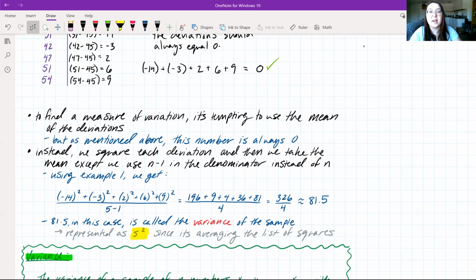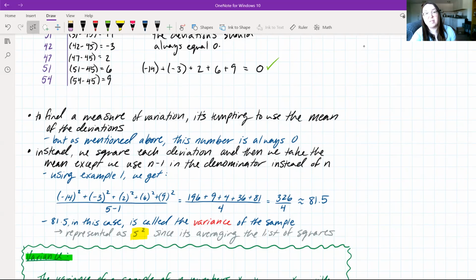N just means that if we had 5 numbers in our list, we're going to divide our sum by 5 minus 1. So using example 1, we have the same values here: negative 14 squared plus negative 3 squared plus 2 squared plus 6 squared plus 9 squared, divided by 5 minus 1.